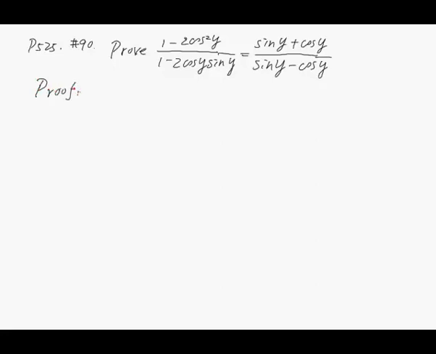So let's begin with the left side. And before, we always use the fundamental identity in such a way that we replace sine square y plus cosine square y by 1, right? So whenever we see the sum of these two squares, we replace it by 1.